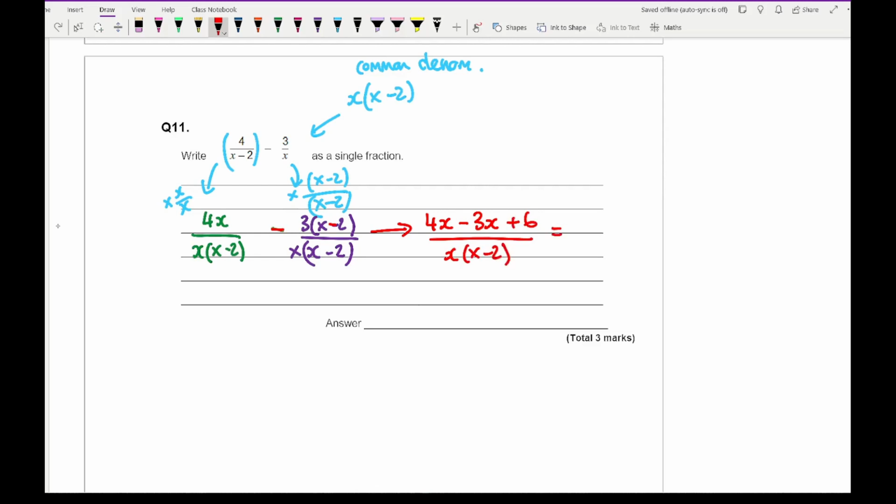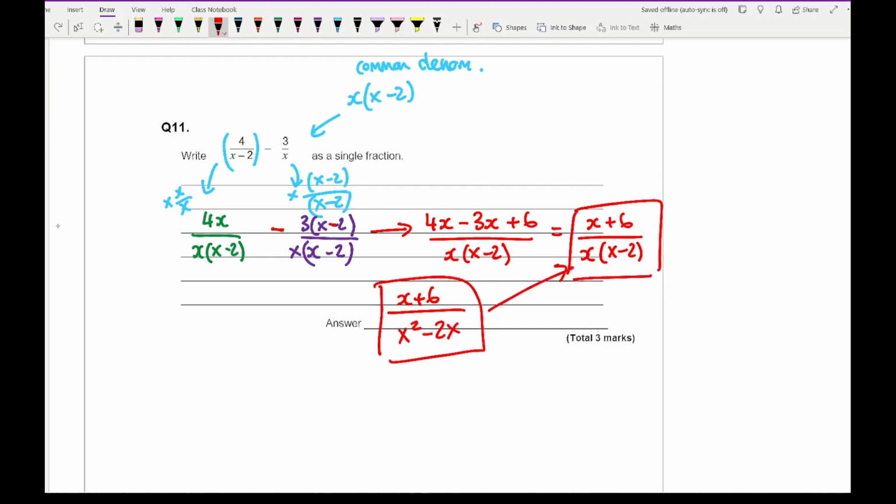That then becomes x plus 6 over x minus 2. And that doesn't factorize, and I can't cancel anything out. So then that becomes x plus 6 over x squared minus 2x, or you could even leave your answer like that. So either of those would be absolutely fine as your final answer.